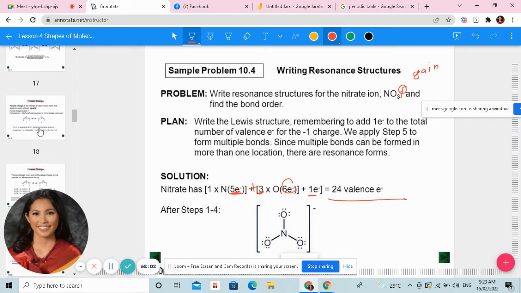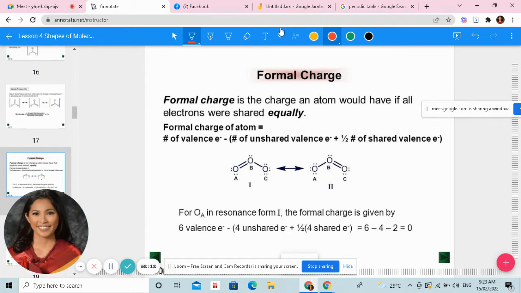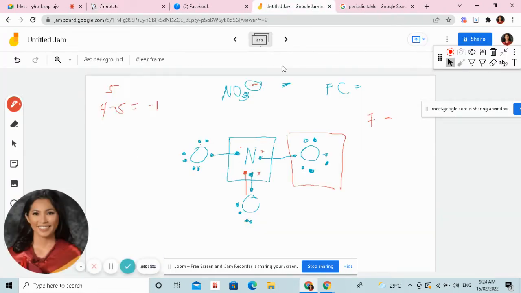The formal charge: valence electrons minus the unshared electrons.